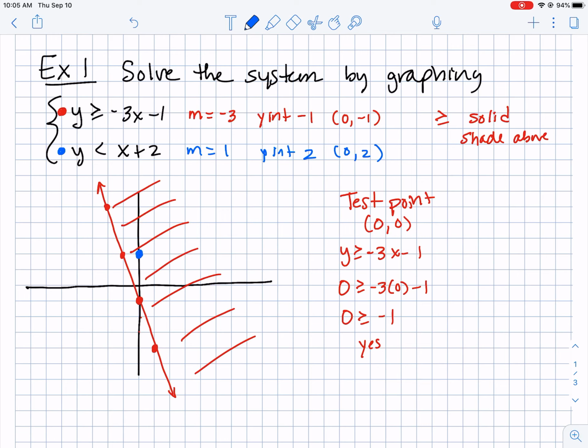Use my slope, so up 1, right 1, up 1, right 1, or down 1, left 1 also works. I'm going to look, and it is a less than, so that is a dashed line. That means that for the boundary line, all of the points on that line are not part of the solution set. It is less than, so I am shading below.